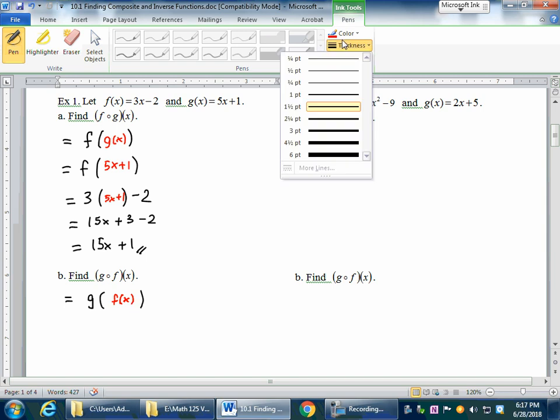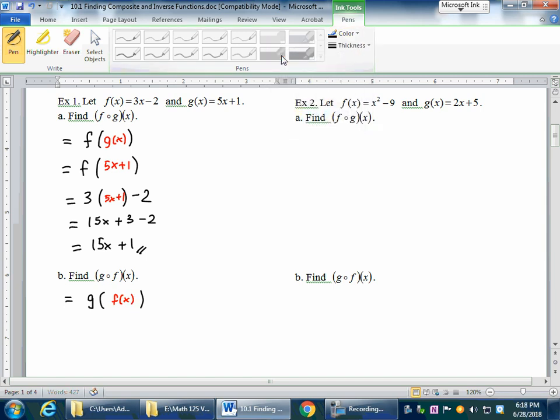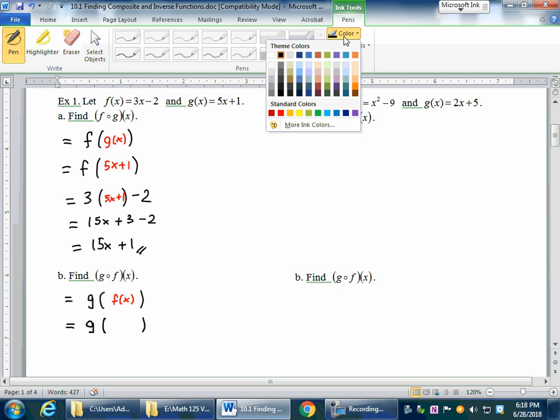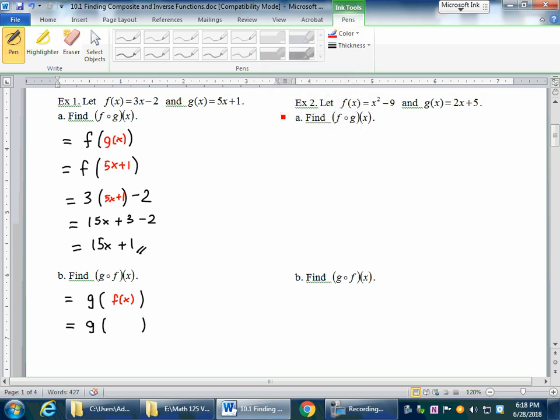And as in the previous example, we cannot use this f of x notation to do the evaluation. So therefore, replace this f of x with the formula. The formula for f of x is 3x minus 2.